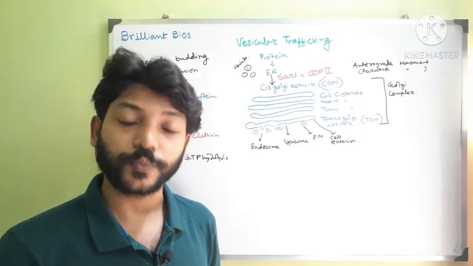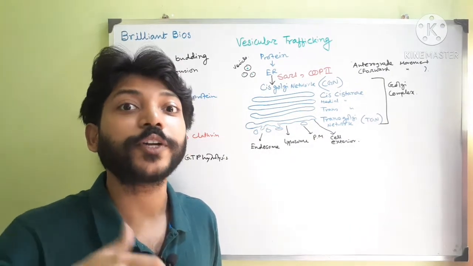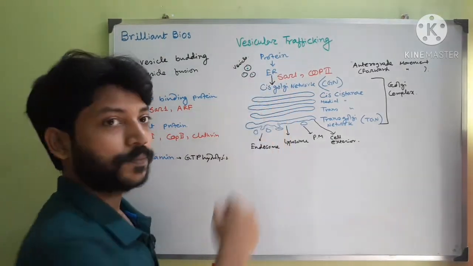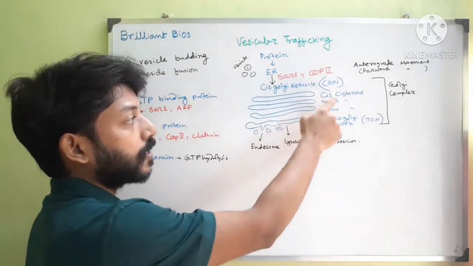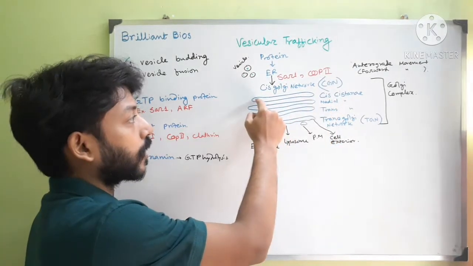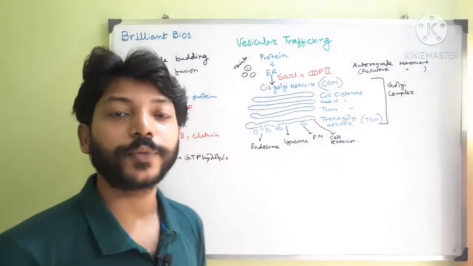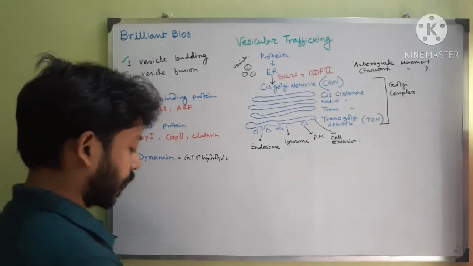Then this protein should be retrieved from the cis-Golgi to the ER. If it is wrongly present in the cis cisterna, then the protein should come out from the cis cisterna to the cis-Golgi, then cis-Golgi to the ER. This type of movement is called retrograde movement, backward movement. How it occurs, I will tell you.